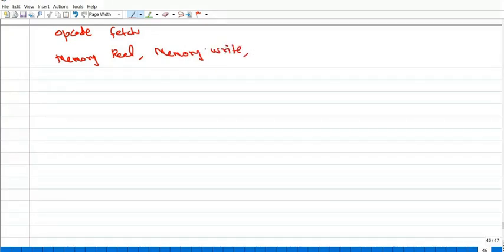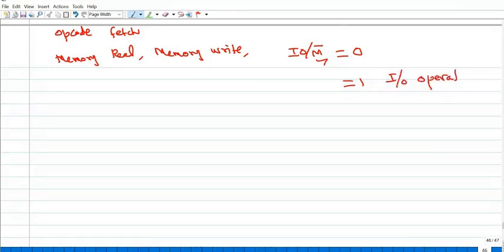IO read and IO write are similar to memory read and memory write, we just need to change this particular signal. If this particular pin is 0, it represents memory operations. If this particular pin is 1, it represents IO operations. That's it. Except this, the remaining waveforms are the same for IO read, memory read, and IO write, memory write.